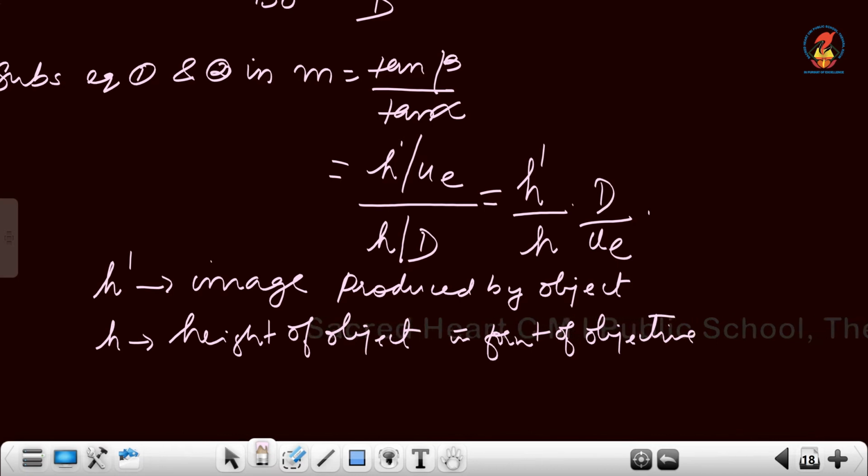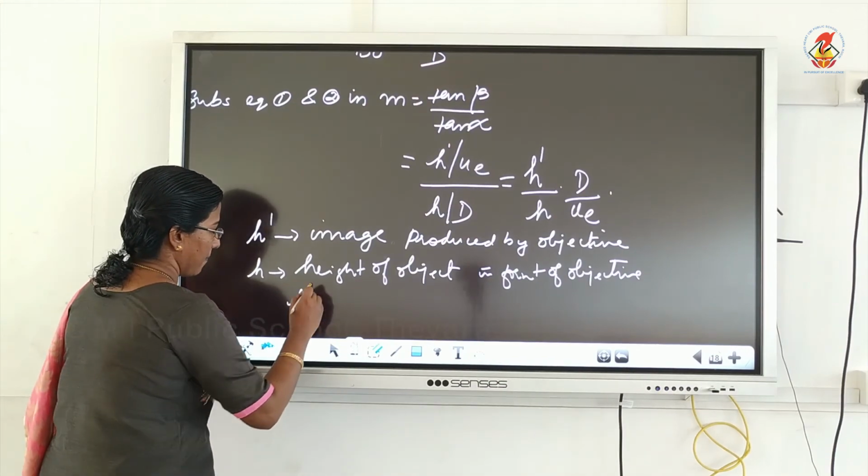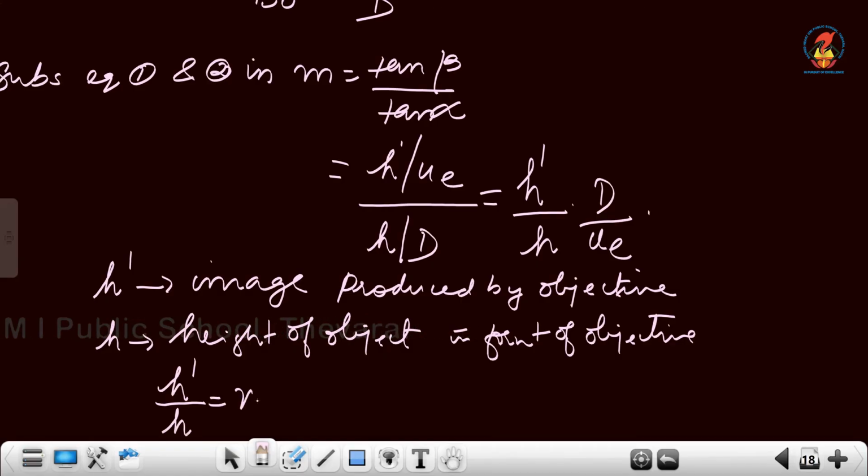Which means H dash by H is the magnification produced by the objective. And also D by UE.